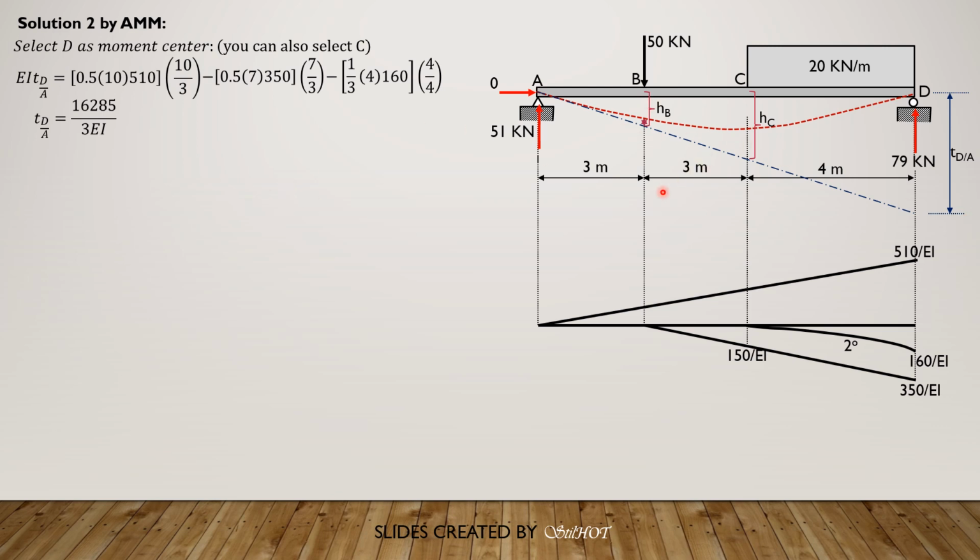So by similar triangles, this very small deviation of B relative to A, so that's the deviation of B relative to A. Then this is theta between A and B. From the figure, it is counterclockwise, so it is expected positive. The area between A and B, which is theta AB, of course, is positive.